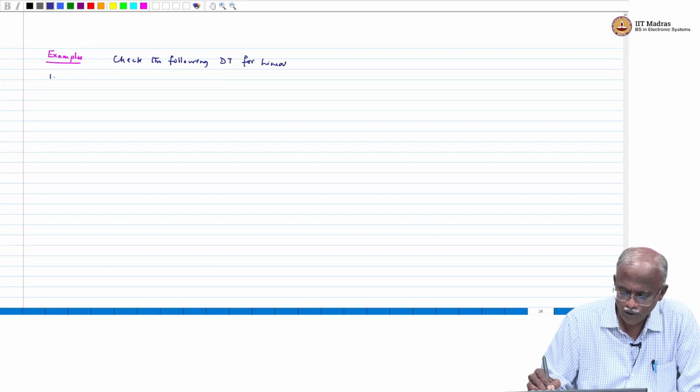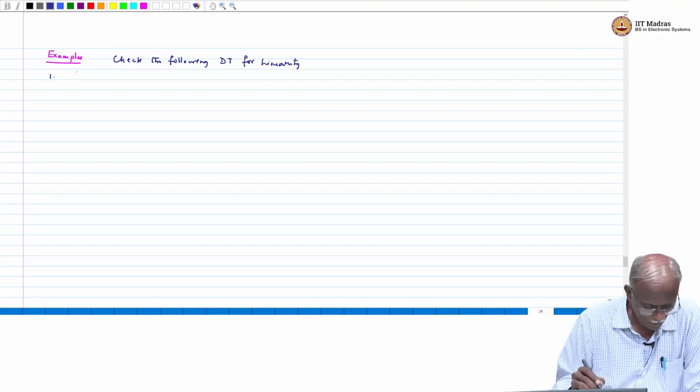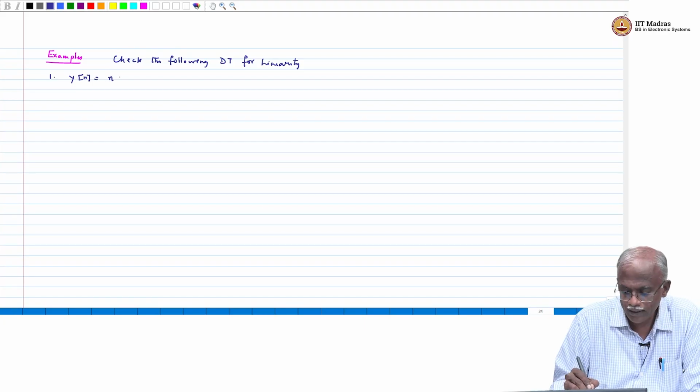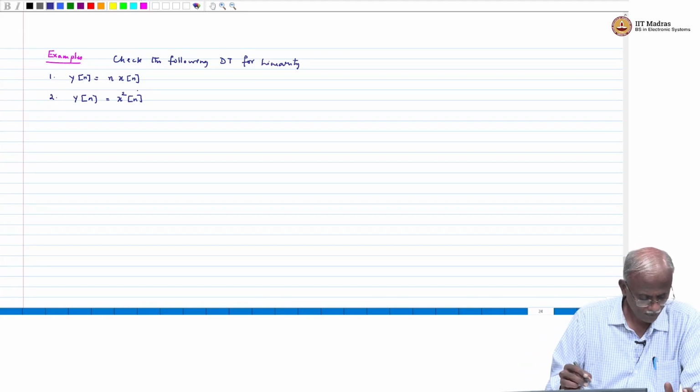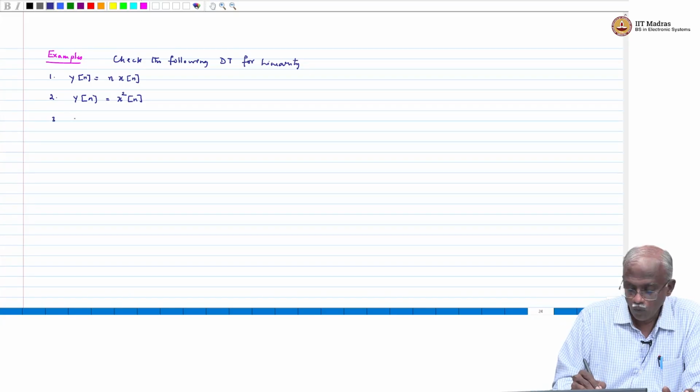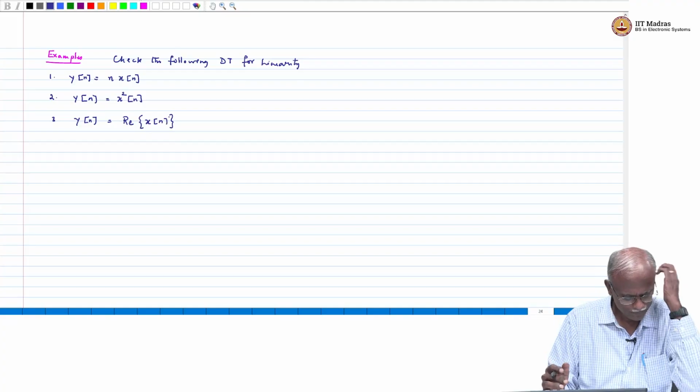For linearity, you would have to check additivity and scaling. 1. y of n is equal to n times x of n. 2. y of n is equal to x squared of n, a squaring function. 3. y of n is equal to the real part of x of n, if x of n was a complex number.